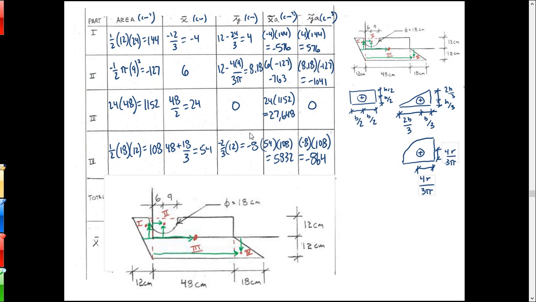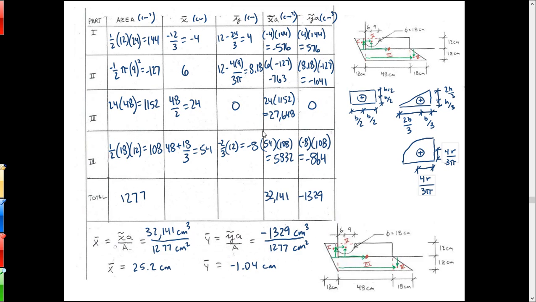So that's what you want to fill in, once the first 3 columns you fill in off the sketch, then you multiply the area times the offset distances, X bar and Y bar, to fill in the 2 right-hand columns, okay? And then we just add up the appropriate columns, the area and the X bar A and the Y bar A. You don't need to add up the 2 columns in the middle. They don't really mean anything to add them up.